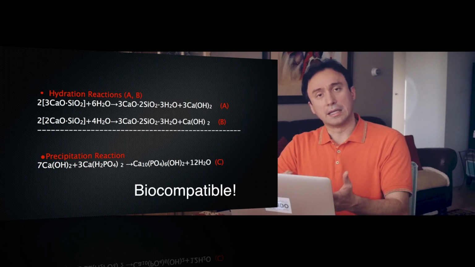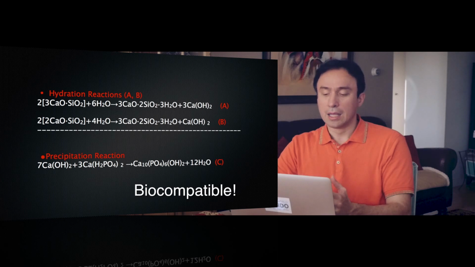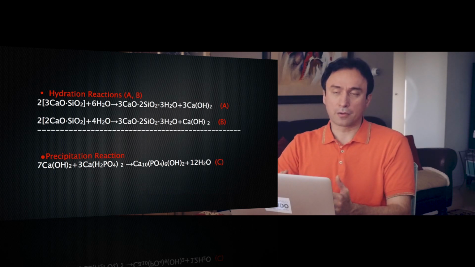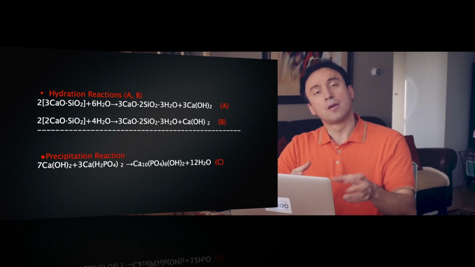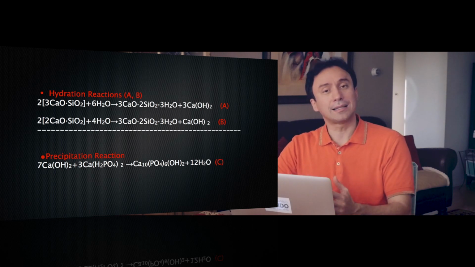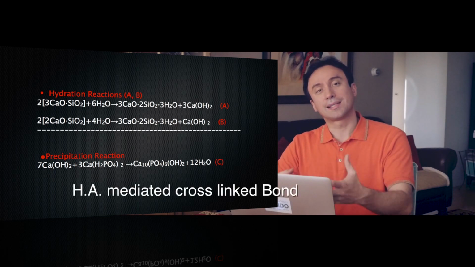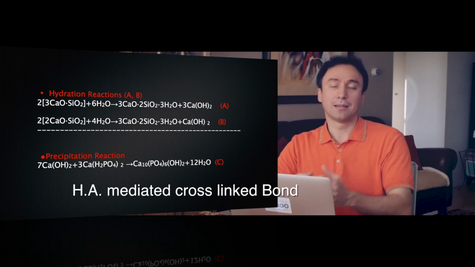So the one thing is this biocompatibility that you could tell from this formula. And the second thing you can tell is that this hydroxyapatite will cross-link to the natural hydroxyapatite that's present in the dentin and in the bone, and you end up actually getting a chemical bond between the set cement and the dentinal wall.